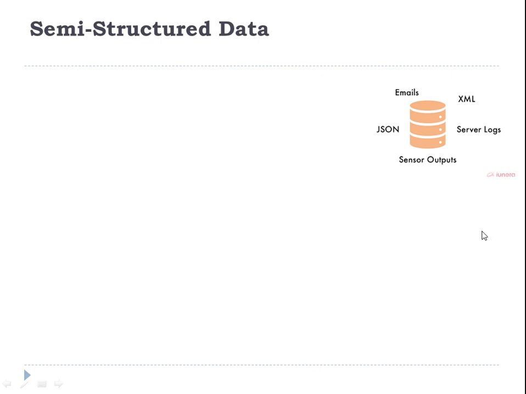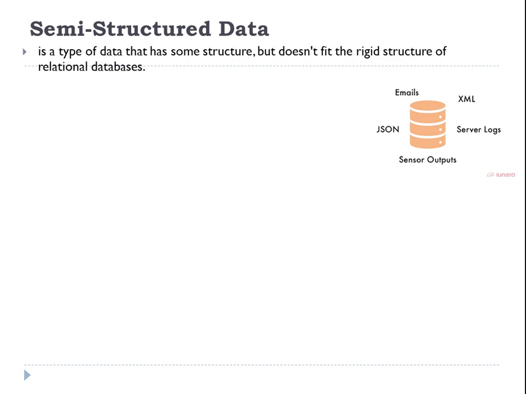Now coming to the third category, that is semi-structured data. This is going to bridge the gap between the free-flowing unstructured data and the organized structured data. It may possess some kind of internal organization, but it does not have any strict predefined format like you have in structured data or in a spreadsheet.